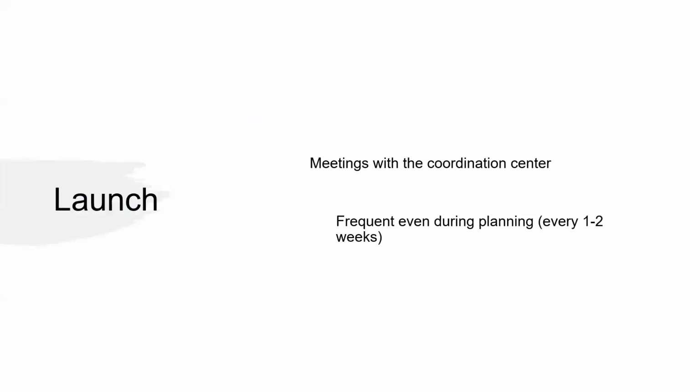So for the launch, you will have meetings with each center to launch them, but you also have meetings with your coordination center, as well as meetings with the research staff at the site where you're enrolling patients. Meetings with the coordination centers can occur weekly and sometimes twice a week if needed, but even upfront, frequent meetings are required.